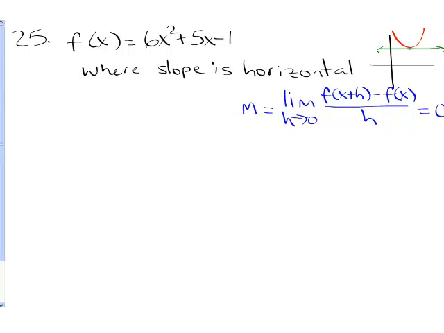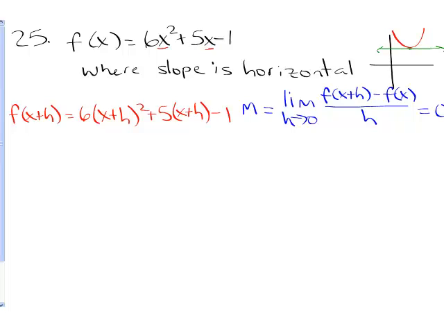So we need f of x plus h. F of x plus h just simply means everywhere we see x, we put x plus h in its place. 6 times x plus h squared plus 5 times x plus h minus 1.